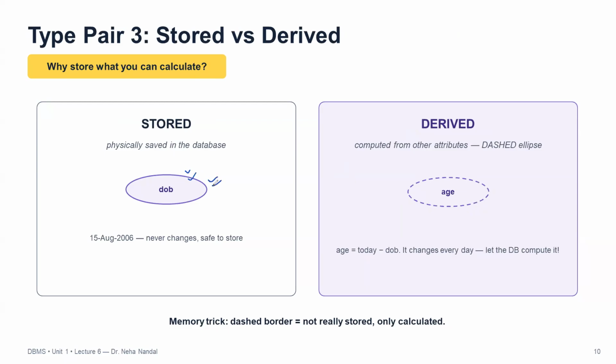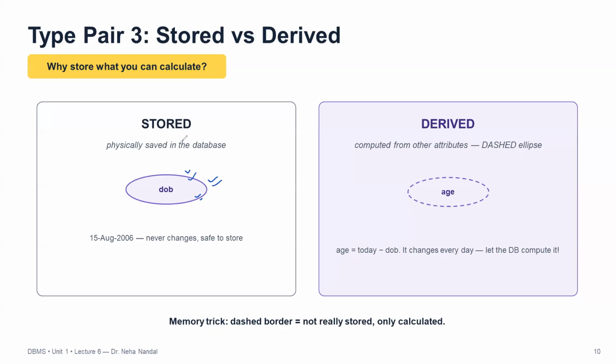It will never change and it is very safe to store. So we maintain this date of birth. Once the date of birth of a person is set, will it ever change? No. Once it is stored, it can be stored for a lifetime in any data set.